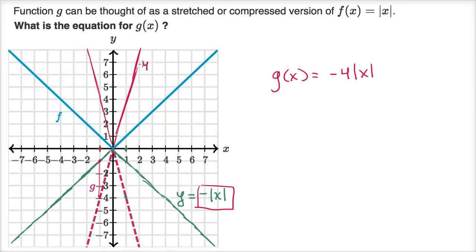We could write this as y is equal to 4 times f of x. Or you could say y is equal to 4 times the absolute value of x. And then we have a negative sign. Whatever positive value you were getting before, you now get the opposite value. And that would flip it over and get you to g, which is exactly what we already got.